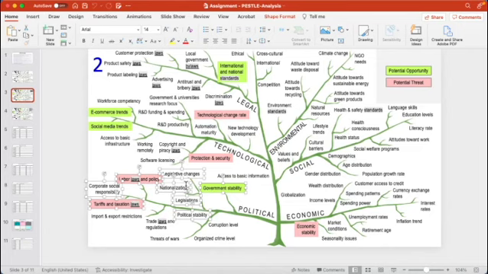But you can also look into your own potential opportunities and threats that you may encounter. So this type of mind map works both ways. You can put it in front of your eyes and see through it, but you can also use its reflection on your own business as well.